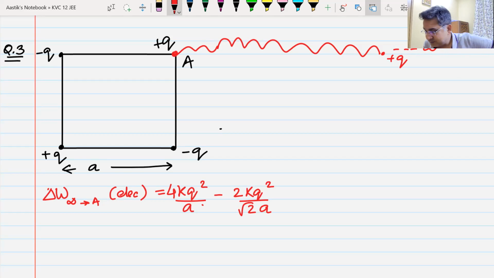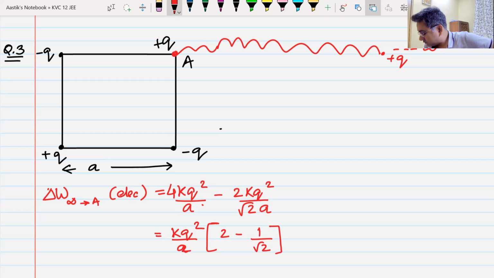No, 1 by root 2. kq square by a into 2 minus 1 by root 2. This looks promising. How did you get this?